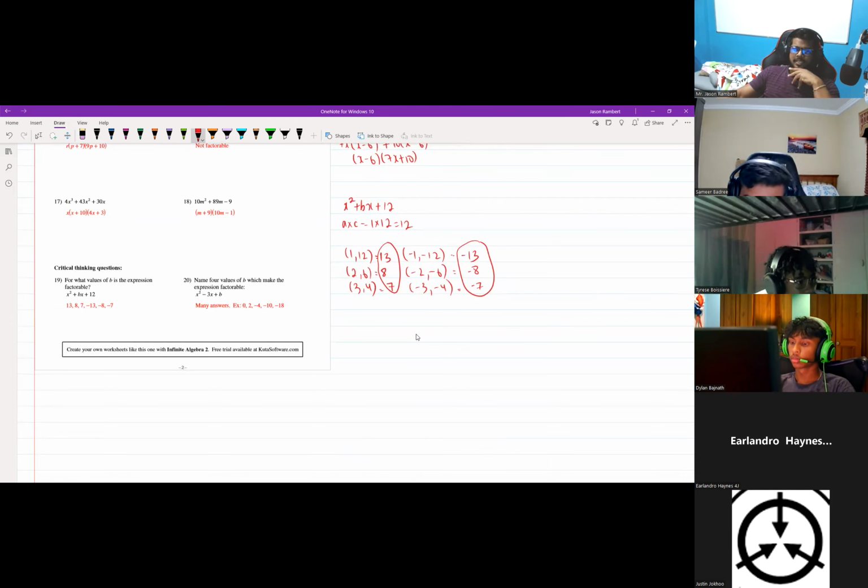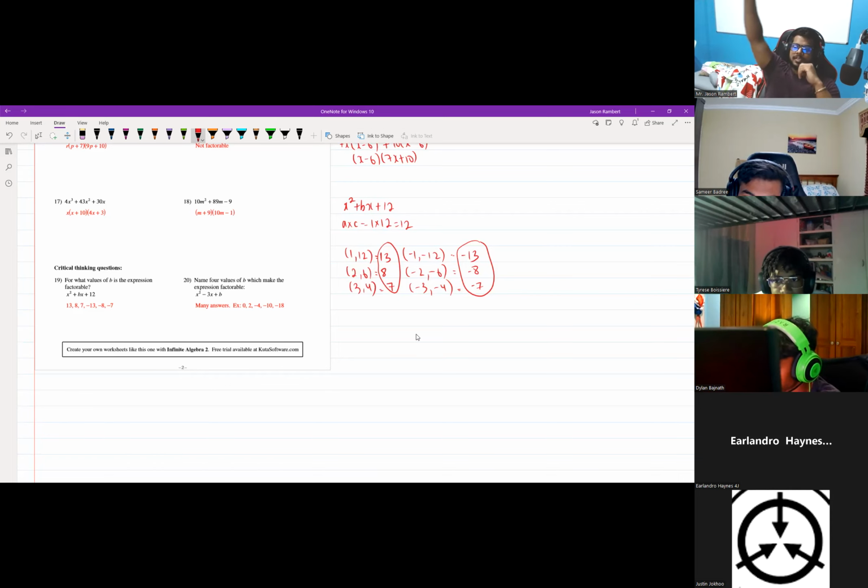And I go pick 2 and 6 as the pair of factors to break up the 8. If b was 13, I go pick 1 and 12 to break it up. If b was minus 13, I would pick minus 1 and minus 12. If b was negative 8, I would pick minus 2 and minus 6 to split it up.